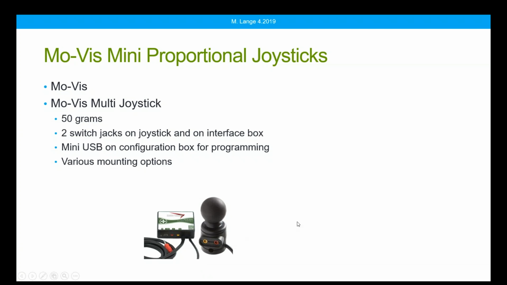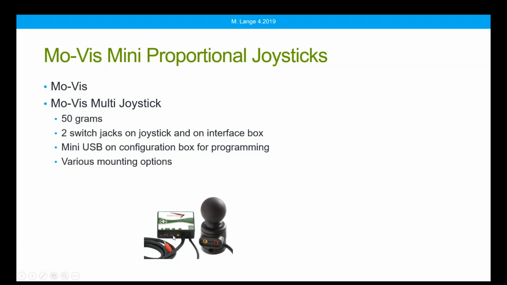Because we have that little mini USB there, that allows us to use this for programming. So in addition to the power wheelchair manufacturers' available programming on their electronics, we can do some additional programming, and that includes reprogramming what those 2 switch jacks do.